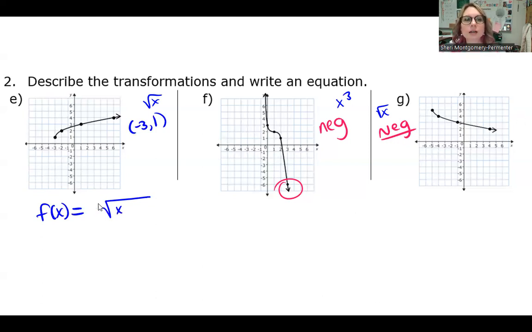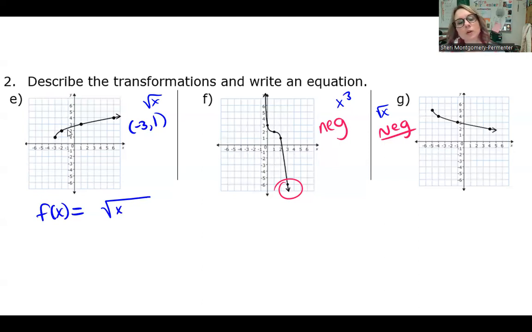So in front of the square root, is that reflected or stretched any? You can check for stretches by if you go over one, up one, that's not stretched. If it was stretched, you would go over one and then up two or something.